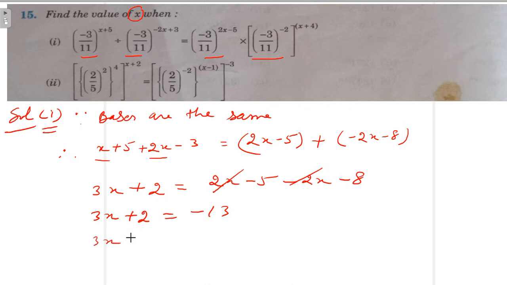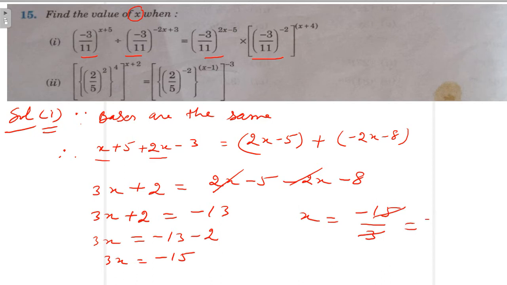So 3x equal to minus 13 minus 2, minus plus, 3x equal to minus 15. So x equal to minus 15 upon 3 equal to minus 5. So this is your final answer, minus 5, right?